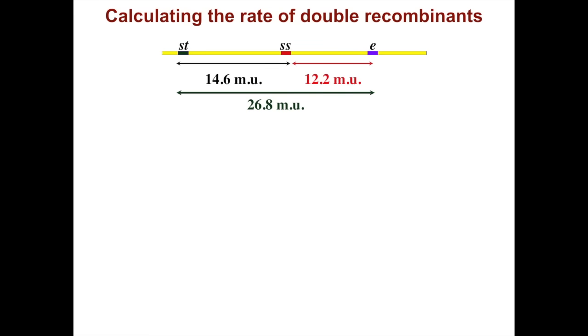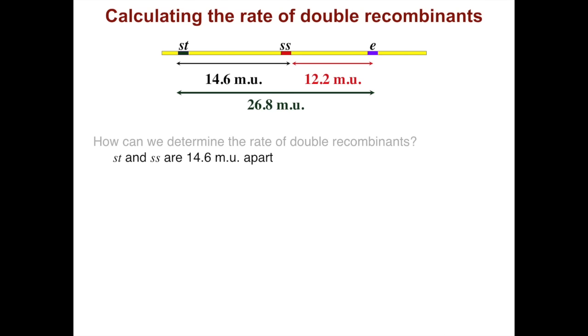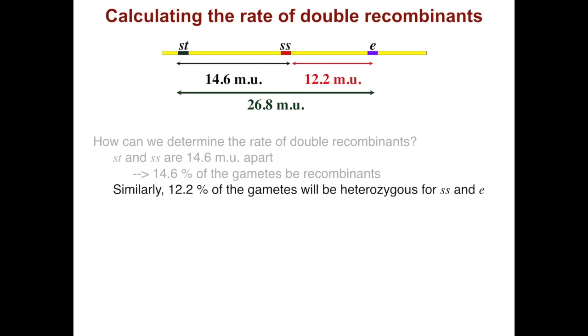So we have our genetic map. Now, how can we determine the rate of double recombinants? Scarlet and spineless are 14.6 map units apart. So, like we just said, 14.6% of the gametes will be recombinants. Similarly, 12.2% of the gametes will be recombinant for spineless and ebony, based upon this map.